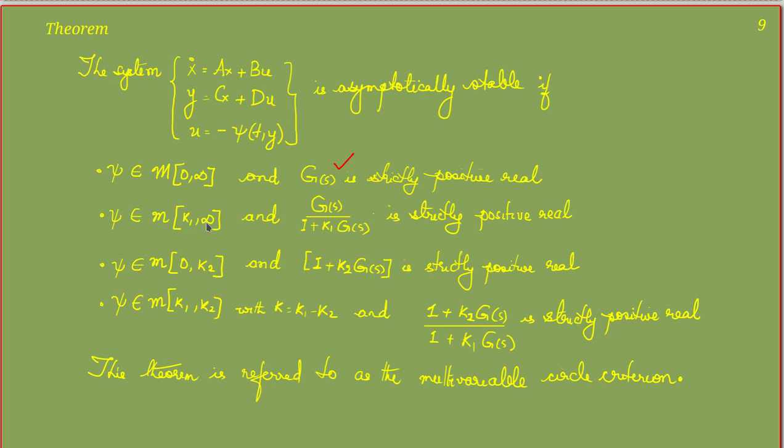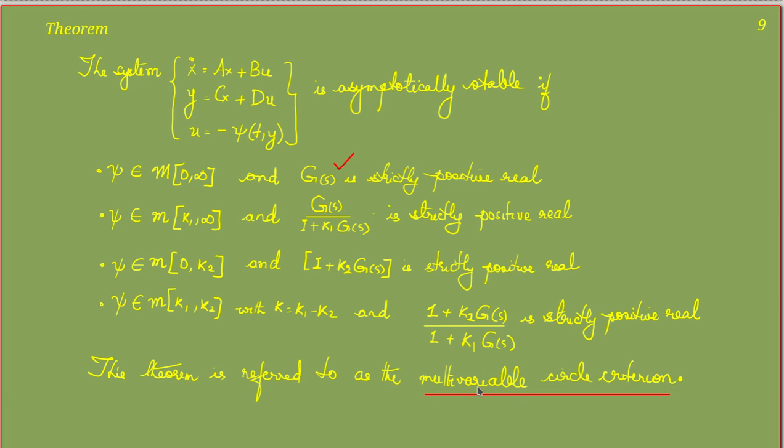If xi lies within this sector, we have to check whether G(s) by 1 plus K1 into G(s) is strictly positive real or not. And if xi lies within this sector, we have to check whether I plus K2 into G(s) is strictly positive real or not. And if xi lies within this sector with K equal to K1 K2, we have to check the positive realness of this function. This theorem is in fact called the multivariable circle criterion.